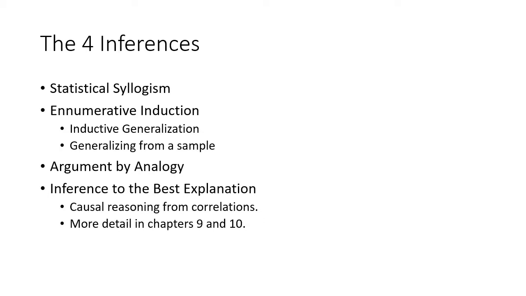In the context of chapter 8, we're going to be talking about causal correlations. Inference to the best explanation is covered in a lot more detail in chapters 9 and 10, but the inference is a helpful tool in thinking about causal explanations. You'll see how that plays out in a little bit.